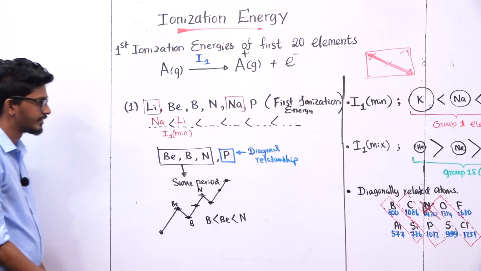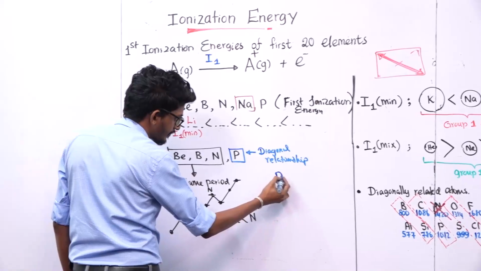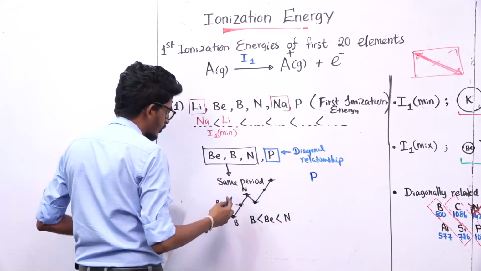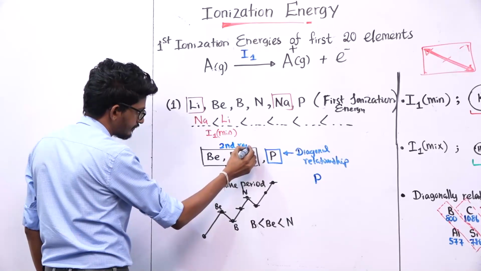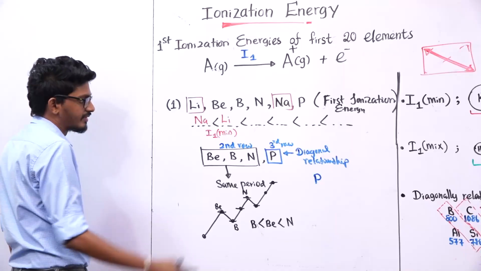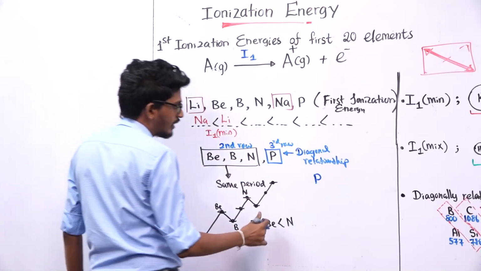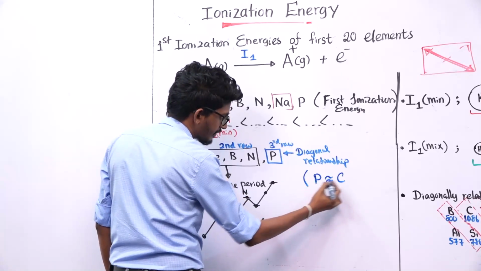The diagonal relationship says phosphorus is diagonally related to the second row. This is the second row, this the third row. Phosphorus is diagonally related to the second row element carbon. So phosphorus value is closer to carbon's.